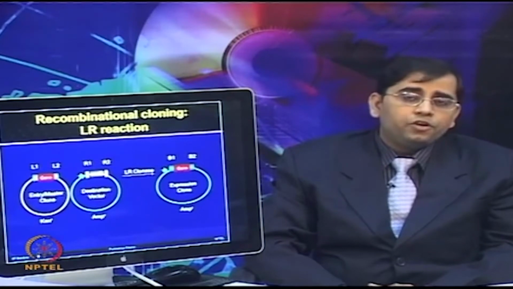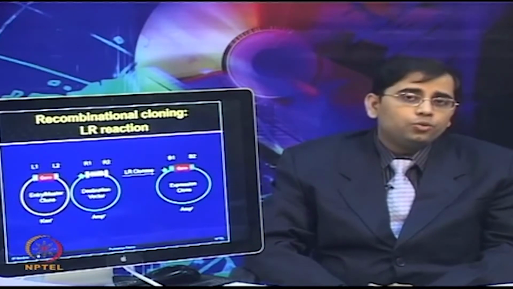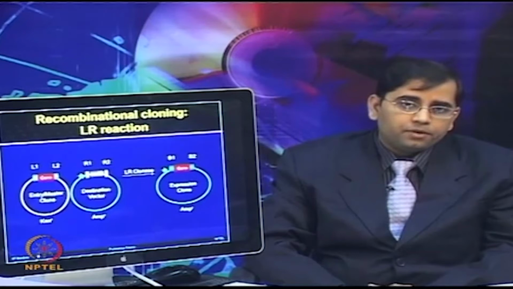So, the gene of interest can move from the entry or the master clone to the destination vector. The destination vector, also known as DEST, is modified to accept the protein coding sequence in frame from the master clone or the entry clone by using the recombinational cloning enzyme known as LR clonase.